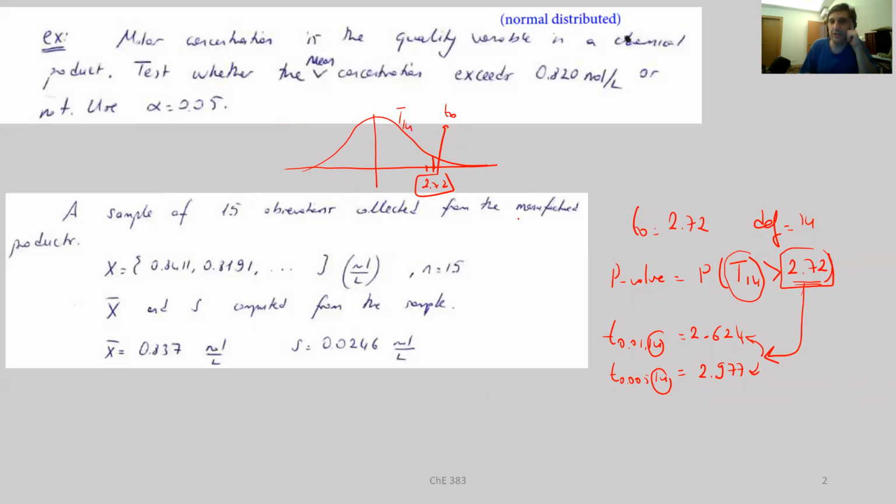The closest values that we find are 2.6 and 2.97, on the right-hand side and on the left-hand side here.